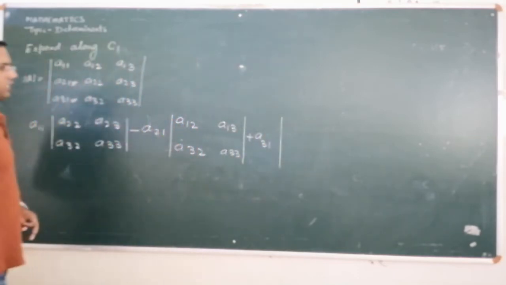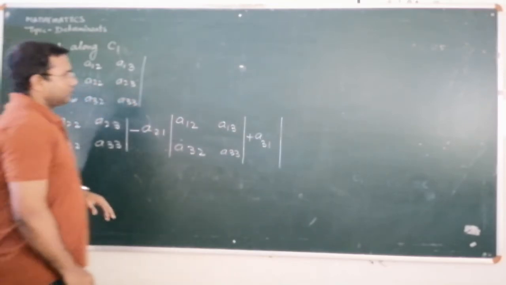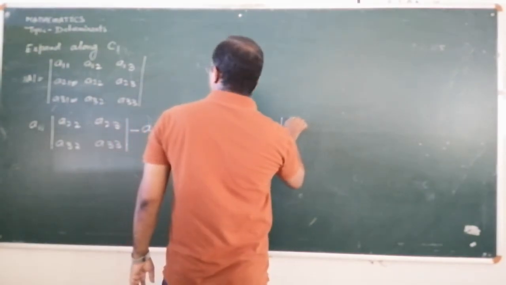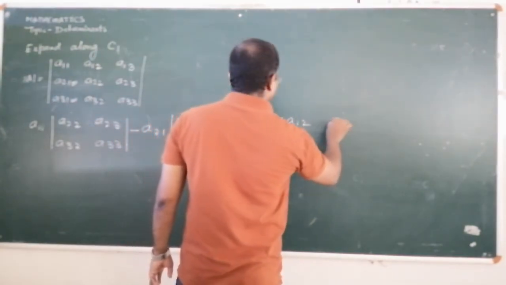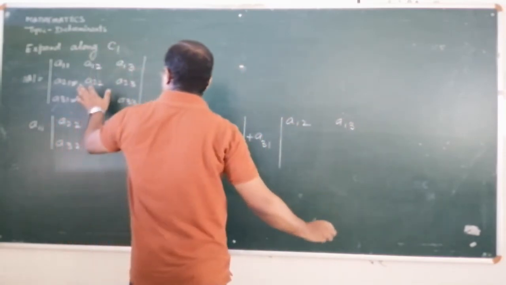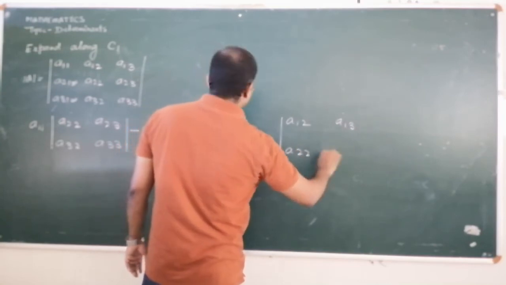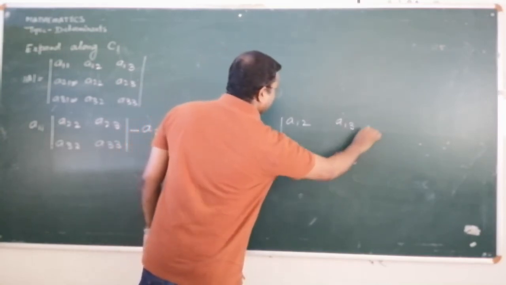And students, see now A31, you will have to hide now the third row and the first column. So the remaining elements will be A12, A13 and A22 and A23.